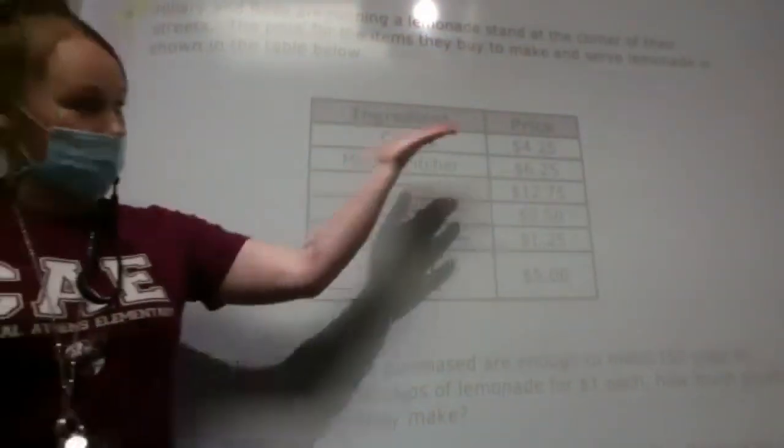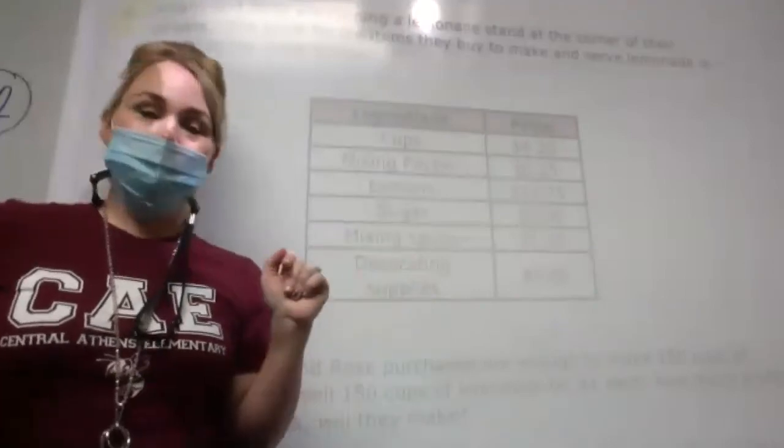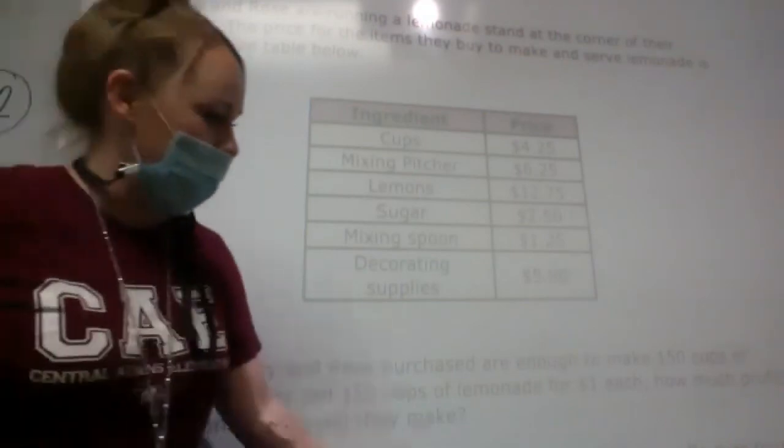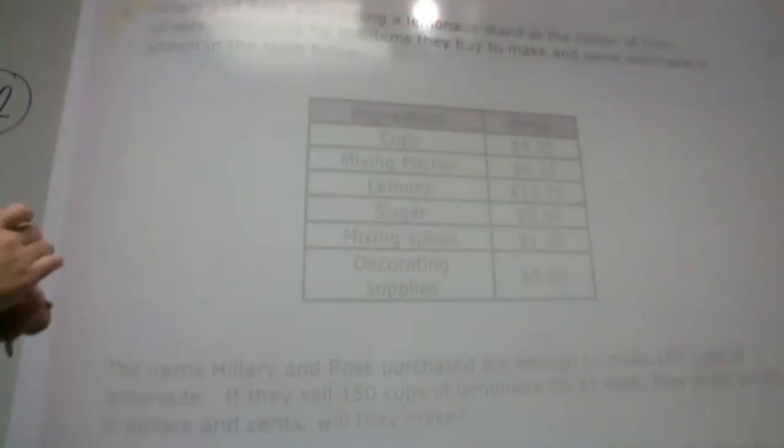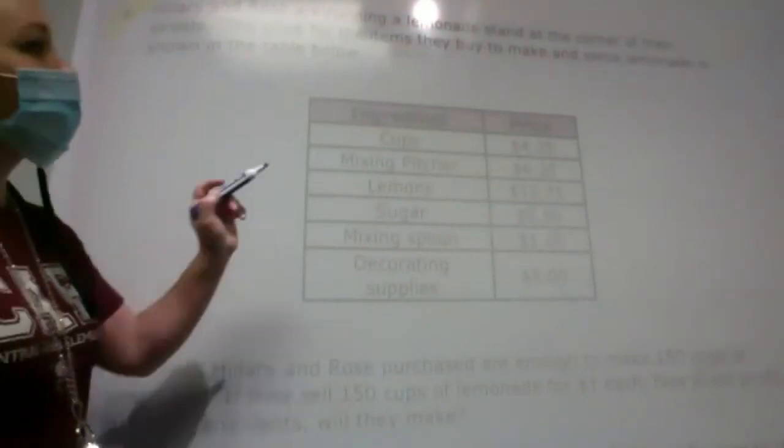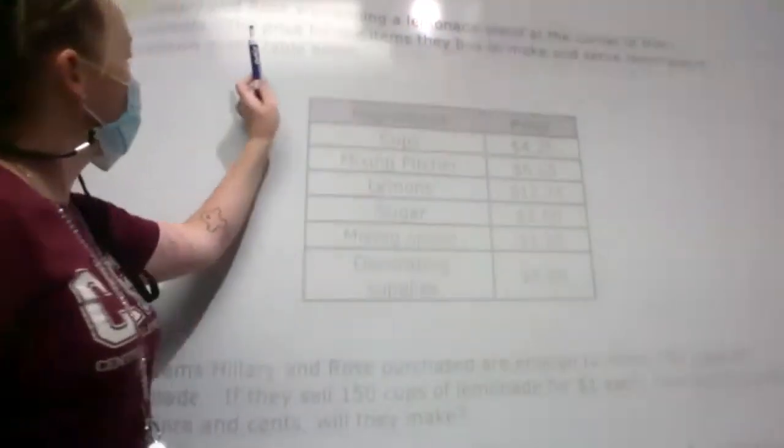Notice on this one we have a table. Got a lot more numbers going on, okay? All right, Bobby, why don't you read it for us? And I'm going to be circling keywords and all that good stuff as we go along. Go ahead. Billy and Rose are running a lemonade stand at the corner of the street.